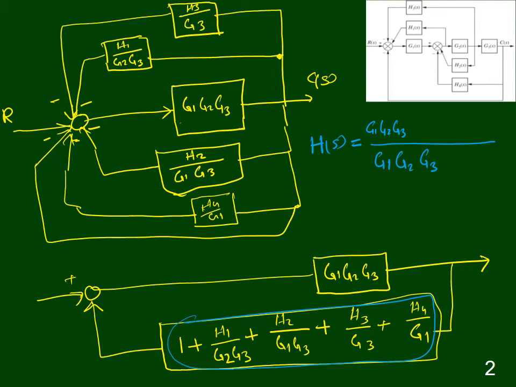Then here if we look the other one, it is G2 G3, so we will get plus G1 H1. Here we will have plus G2 H2. Here it will be plus, let me rewrite it. I do not have the space to write it, so let me rewrite it. Here I cut it.